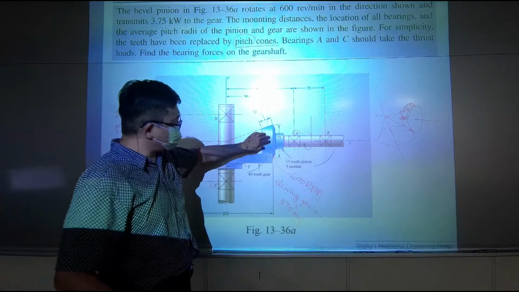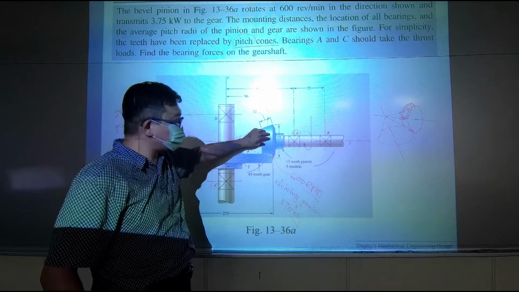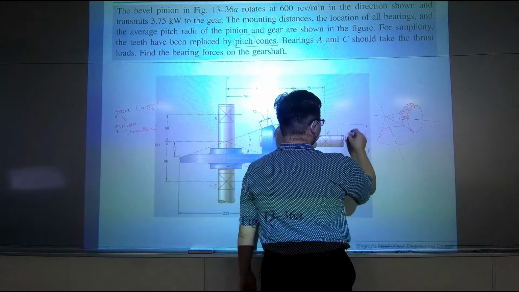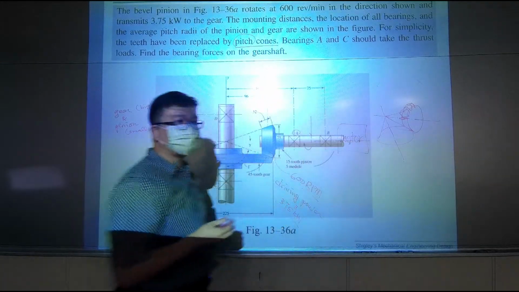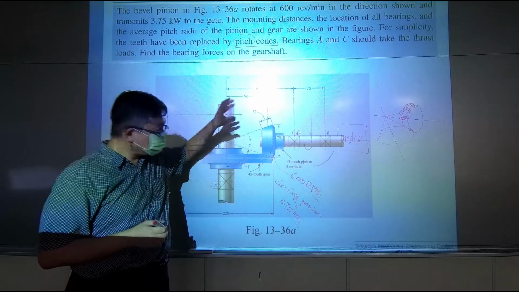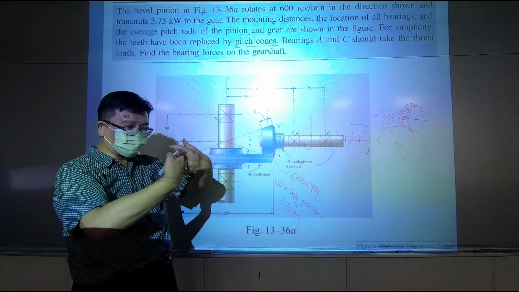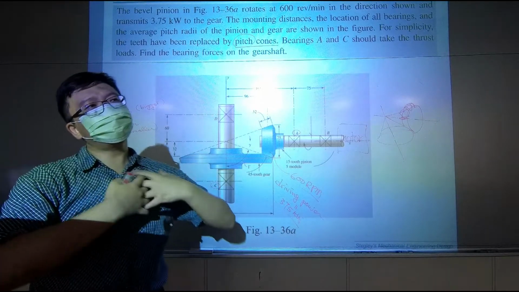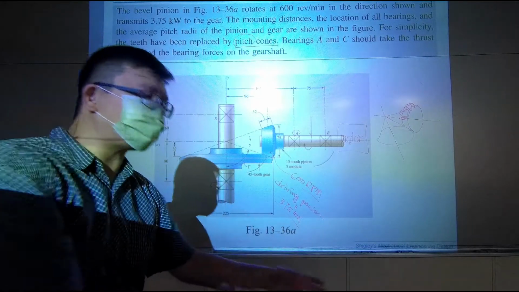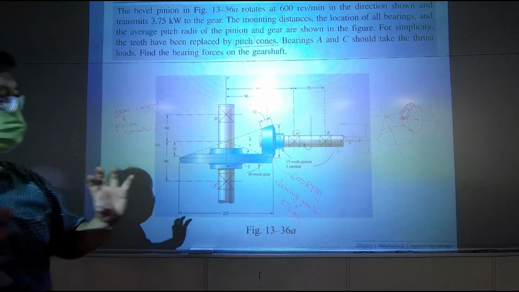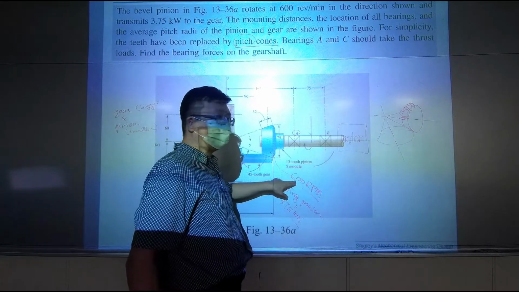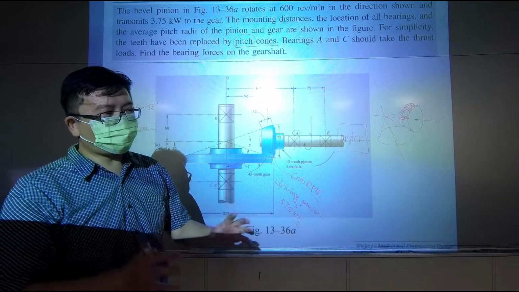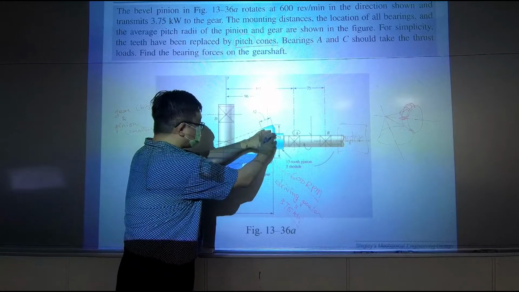If this is the driving gear, that means I may have a motor right here driving this particular gear, and those two gears are connected to each other, so the power is being transmitted to here. The two gears are pushing each other, and it's spinning so fast, rotating 600 times every minute. A lot of force and power is being transmitted from one side to the other.